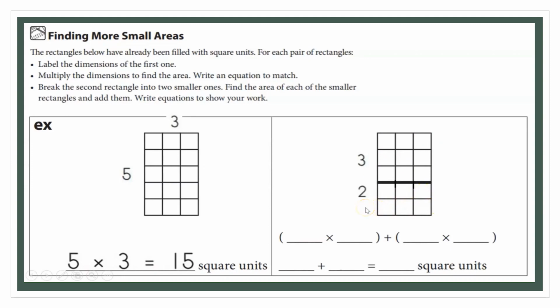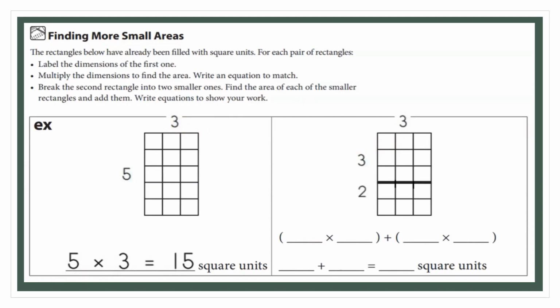This makes sense because before, in our first rectangle, there were 5 rows. 5 is the same as 3 plus 2. So now we want to note how many columns are in both rectangles, which is going to be the same number from the rectangle over here on the left, which is going to be 3.